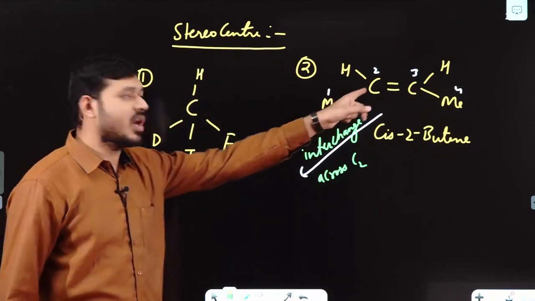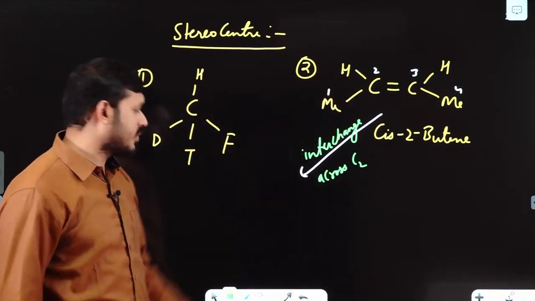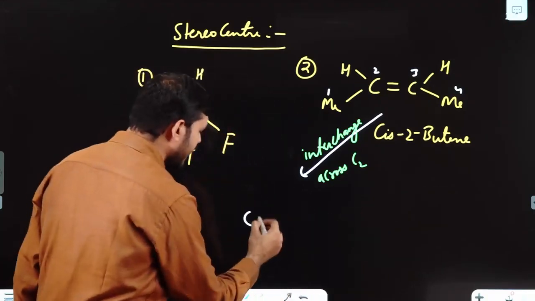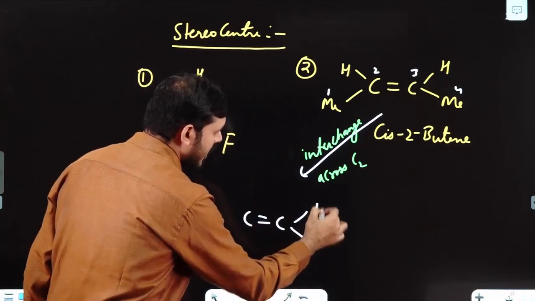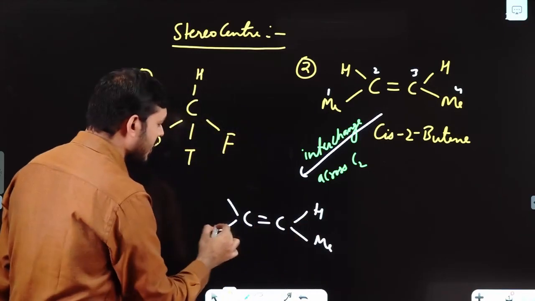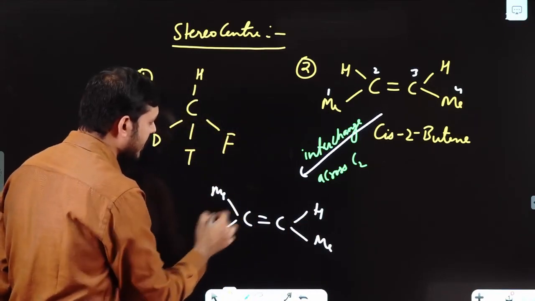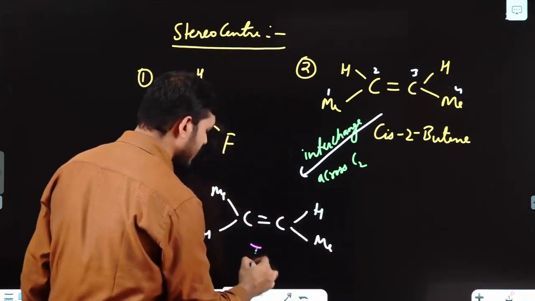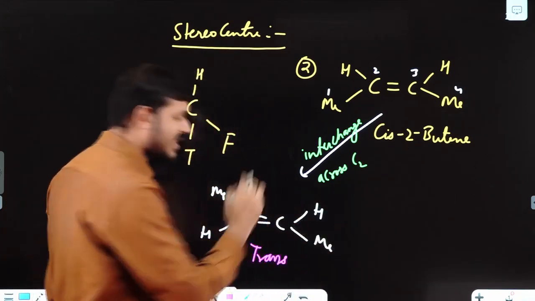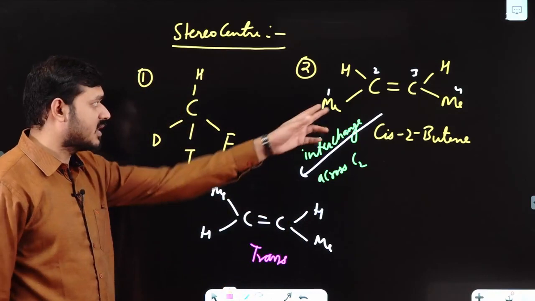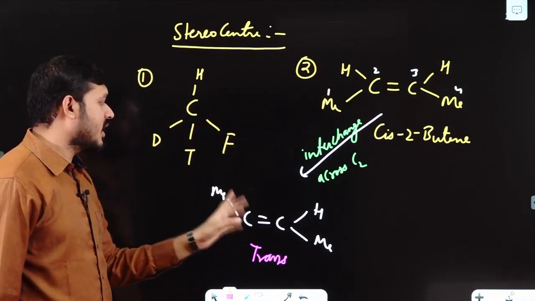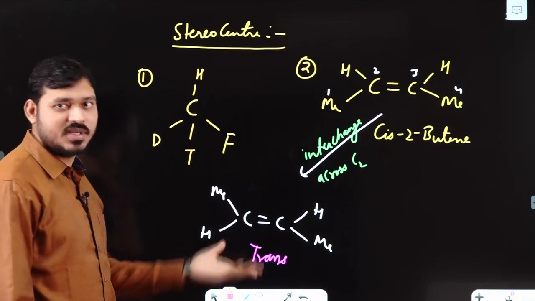Now across the C2 carbon, if I interchange both the groups, what will I get? I will get H, Me as it is, but here I will get methyl this side and hydrogen this side. See, this you have made trans. So you can see on interchanging through this carbon atom C2, you can get its geometrical isomer obviously.